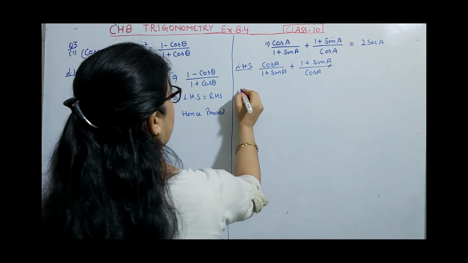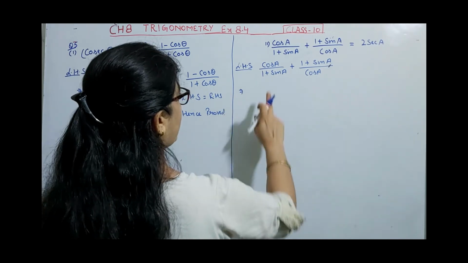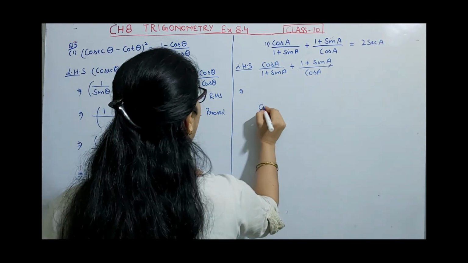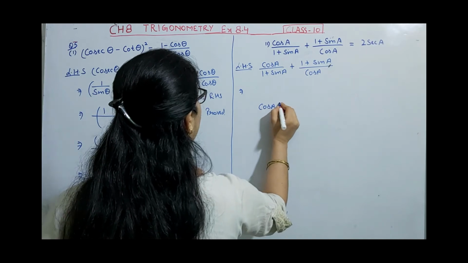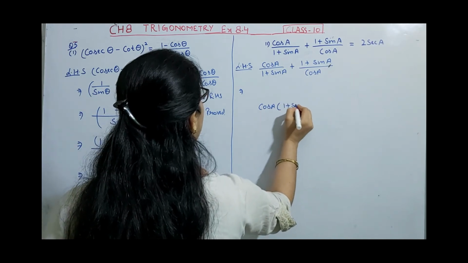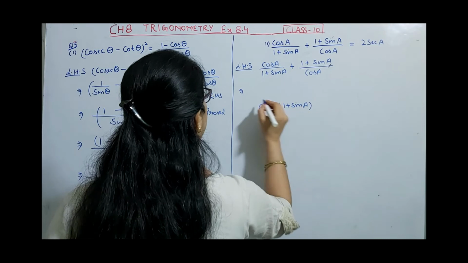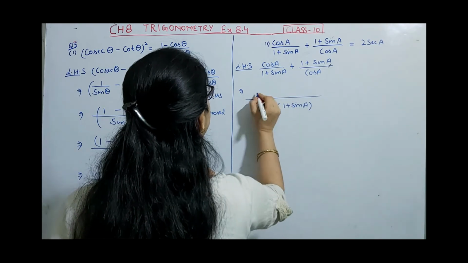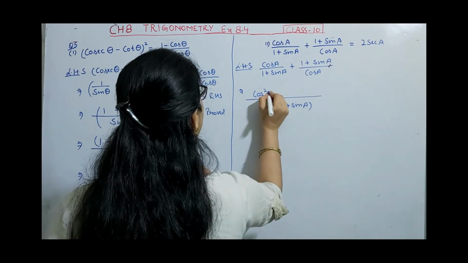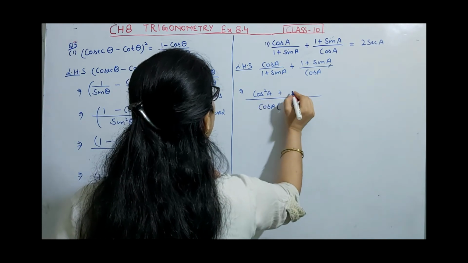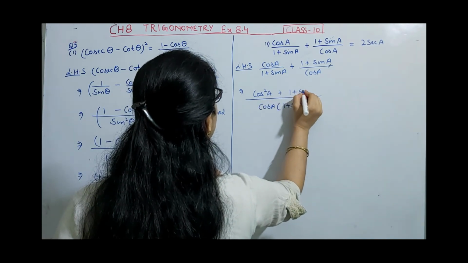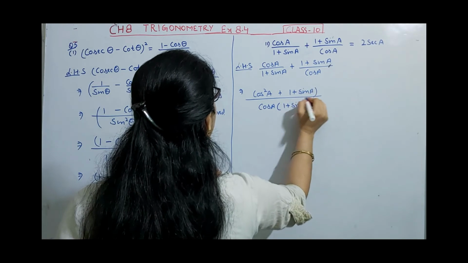Okay. In the next step, take the LCM of this: cos A times (1 plus sin A). Here it becomes cos square A plus (1 plus sin A) whole square.